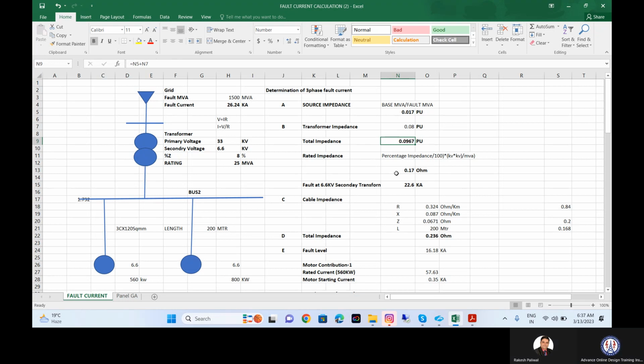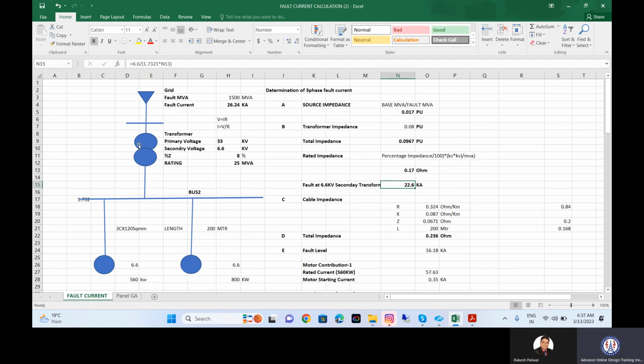So kV square upon MVA, this is the same thing I have done here. This is kV square, the secondary voltage square, divided by MVA. Current will be V upon root 3 Z, as the secondary side is in kV. So divided by root 3 Z.